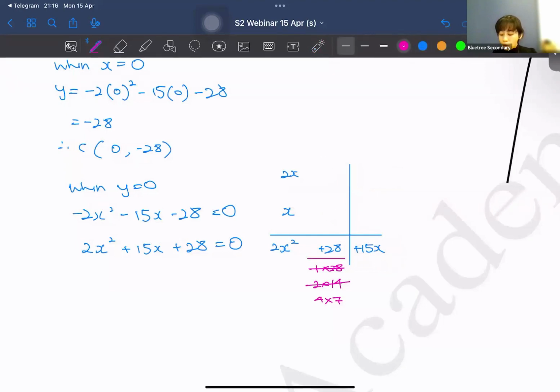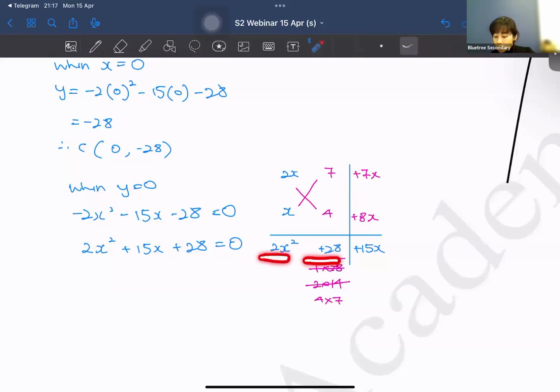So your last pair, 4 and 7. I'm going to put a 7 on top and a 4 below. Cross multiply, I'll get 8x. Cross multiply, I'll get 7x. I can combine the 7 and the 8 to get 15 by adding them together. So that means to say this factor has positive sign.